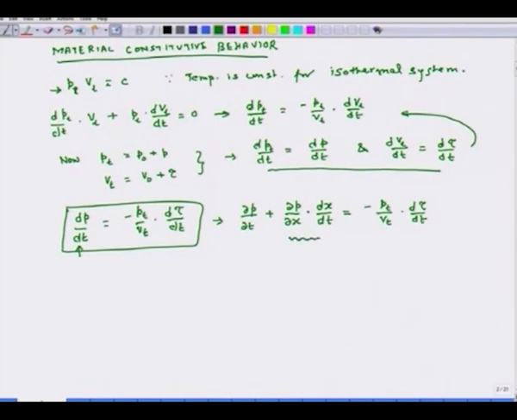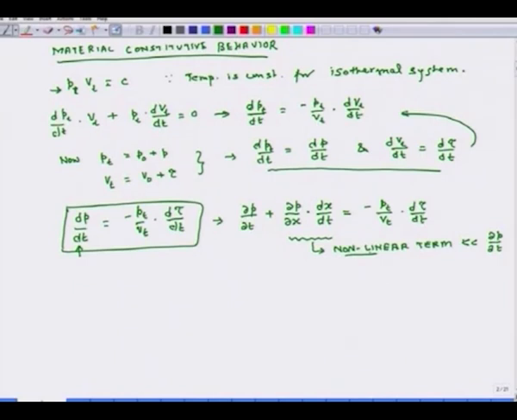Now, this term is a nonlinear term, and what we know is that it is extremely small compared to del p over del t, because the increments in pressure and velocities are extremely small.